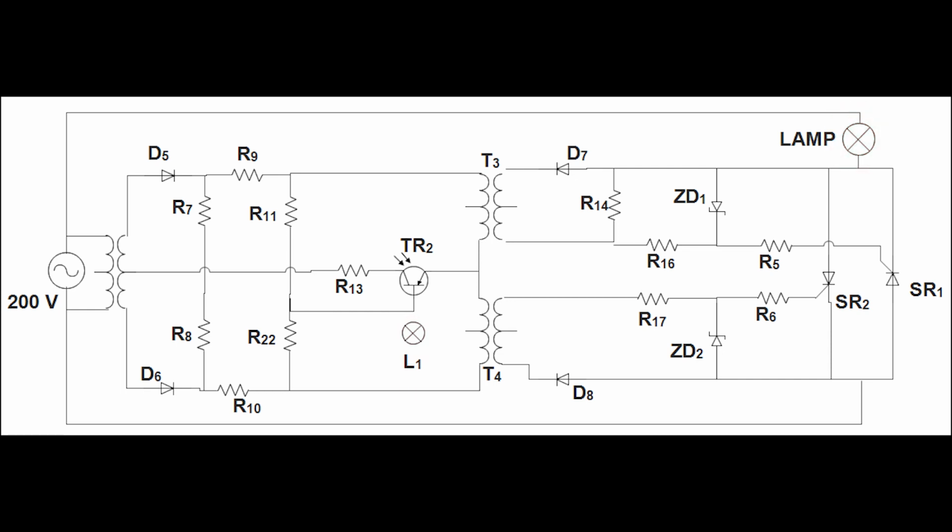Now you have to insert a barrier, a thick paper, in between the lamp L1 and the phototransistor. You can observe the load lamp turns off as the thyristors SR1 and SR2 turn off. That is because when the phototransistor was blocked by the paper, the transformers T3 and T4 turn off. Then remove the barrier and notice the load lamp lit up again.